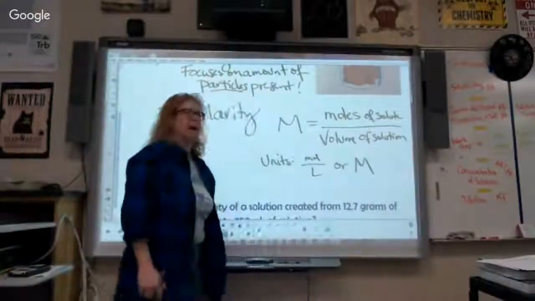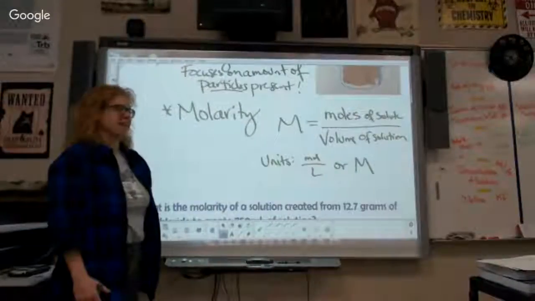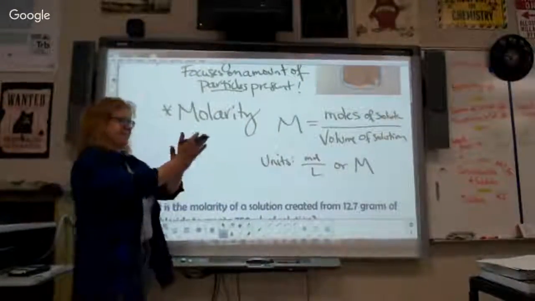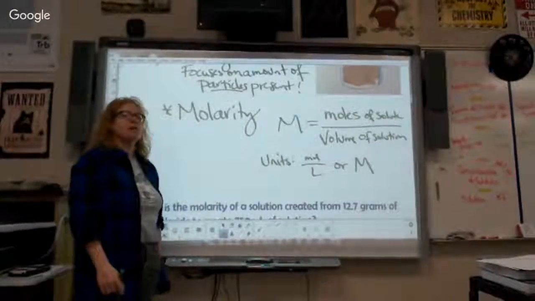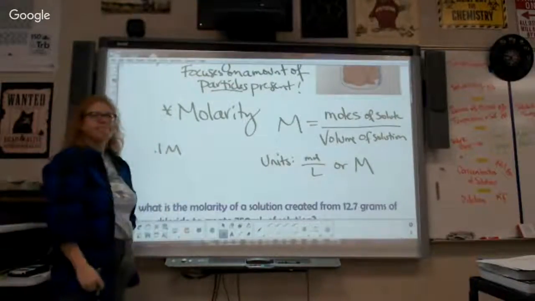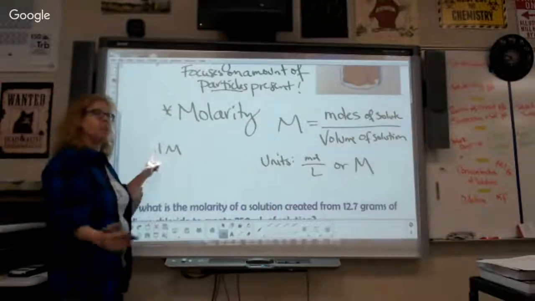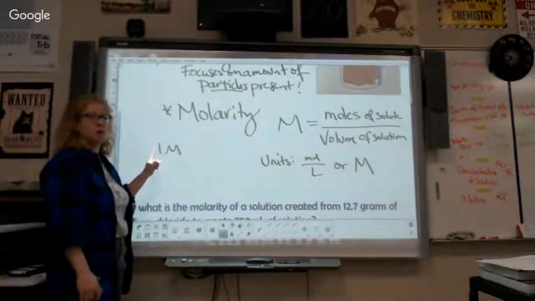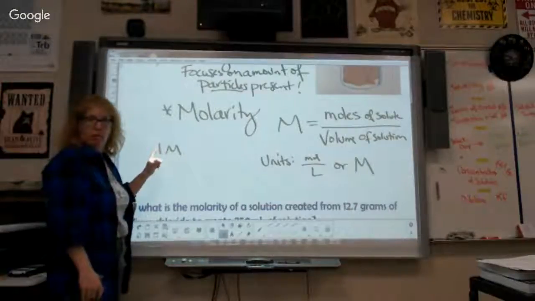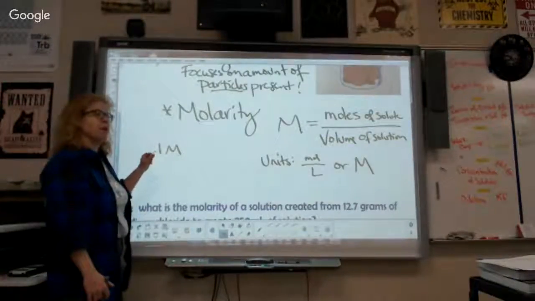Or you can just abbreviate with a big M. It's kind of nice. A lot of the solutions that we use in class, that we use consistently around here, are about 1/10 of a mole of reactant per liter of solution. They're pretty dilute, so I don't kill all of you. Or me. Okay. Concentrated sulfuric acid.